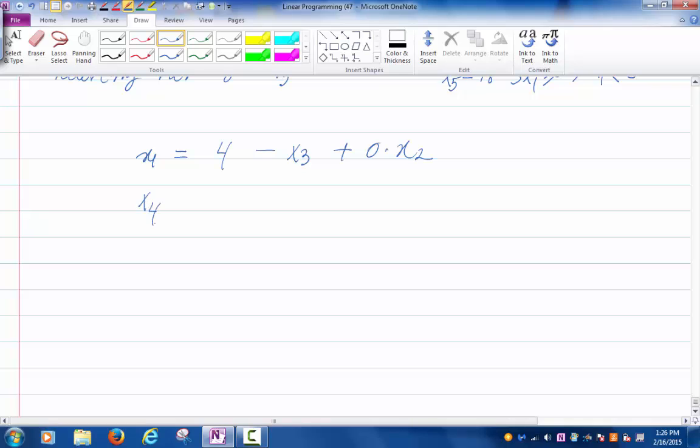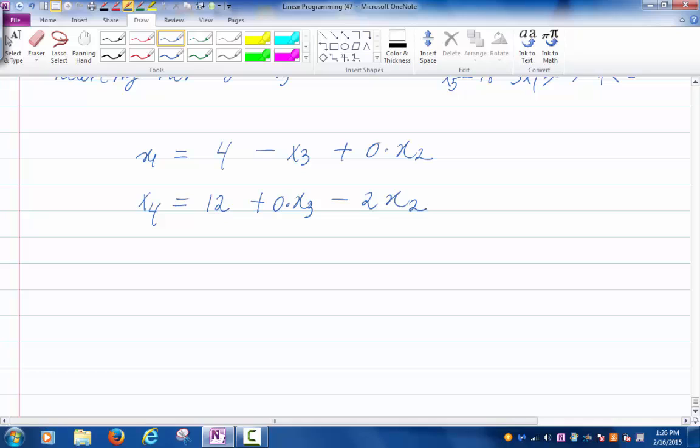What would I get for x4? I'll get 12 plus 0x3 minus 2x2. You agree with that? Remember, we are replacing x1.